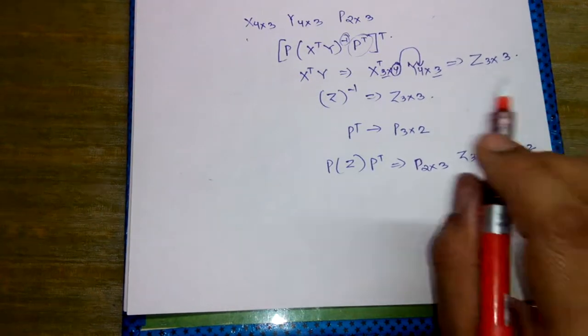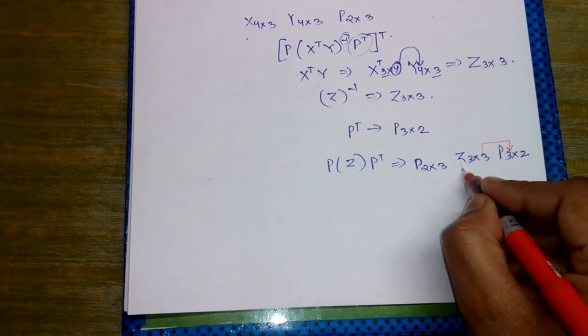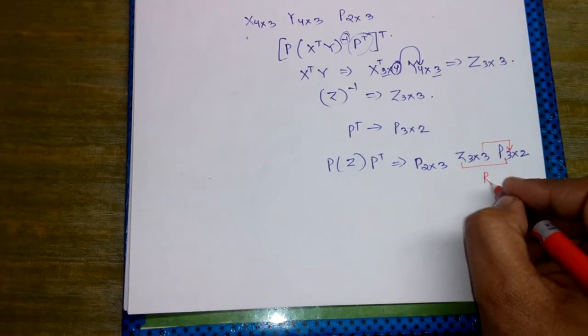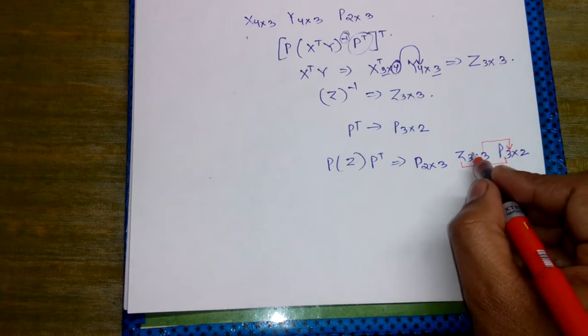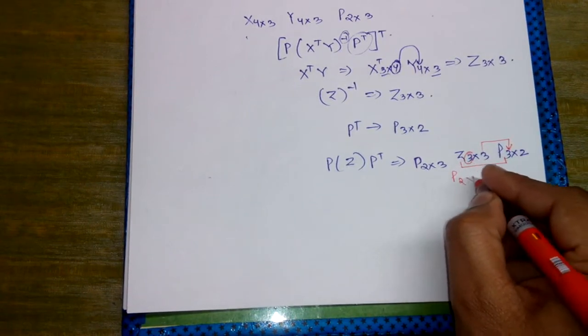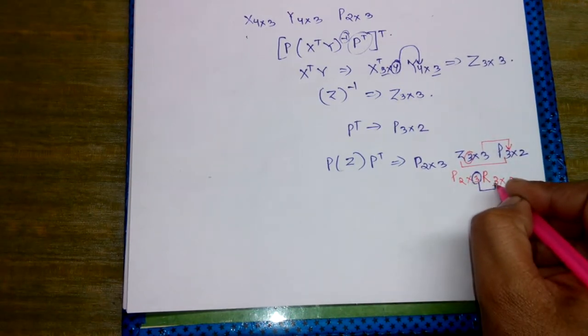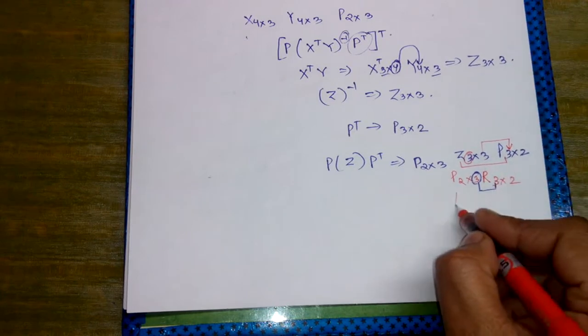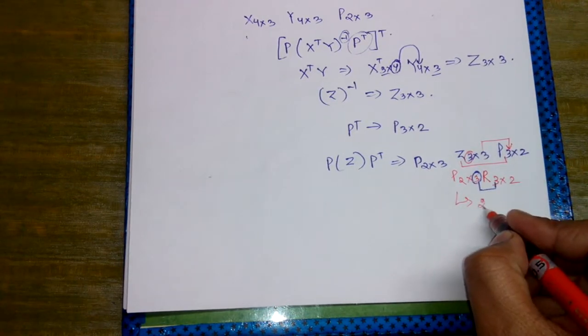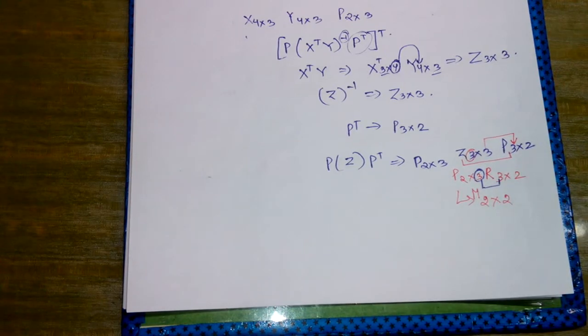Since the column of this equals the rows of this, let us say the resultant is R, such that R has the dimension 3 cross 2, and P is 2 cross 3. So the column of this becomes the row of this, and hence the order obtained is 2 cross 2. Say we have the resultant M.